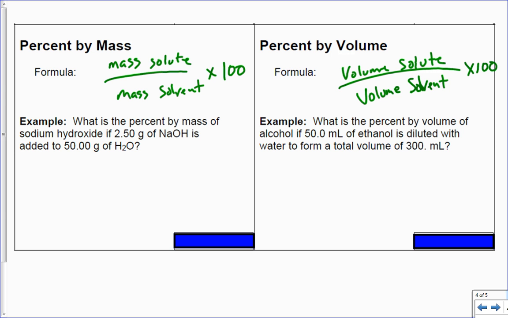Now, that's the percent by mass. Oh, wait. I think we just need to fix this. Instead of solvent, sorry about that, let's do solution. It is part over whole, so it makes sense that it should be solution.